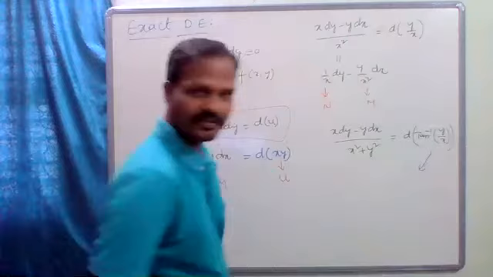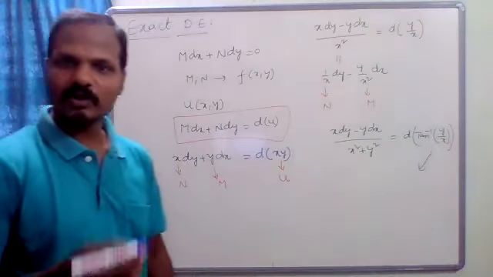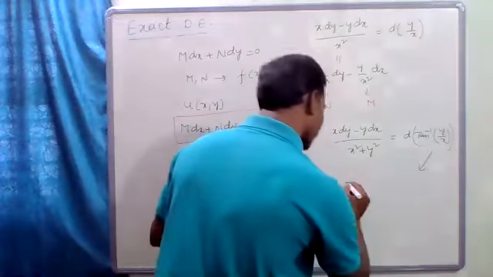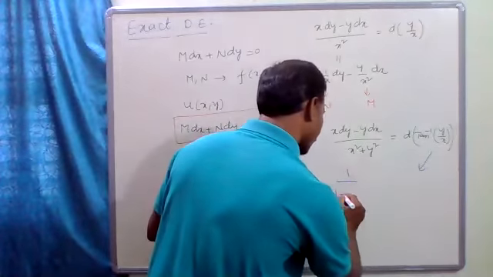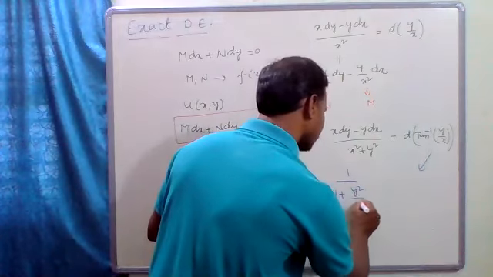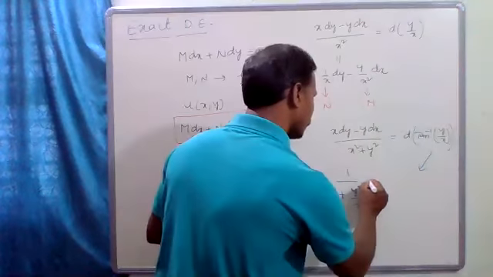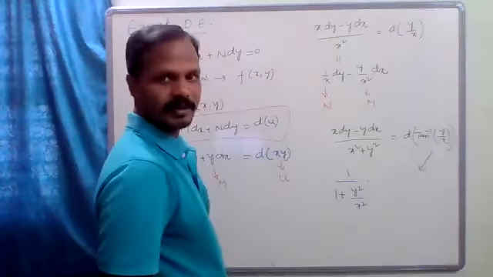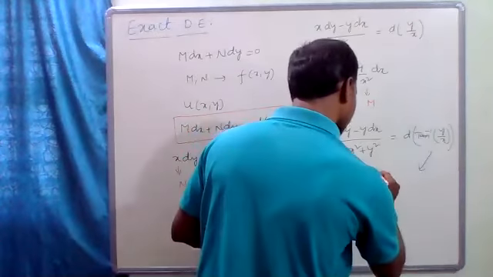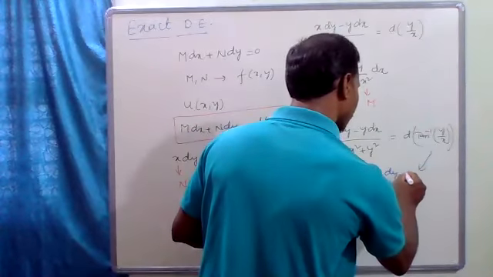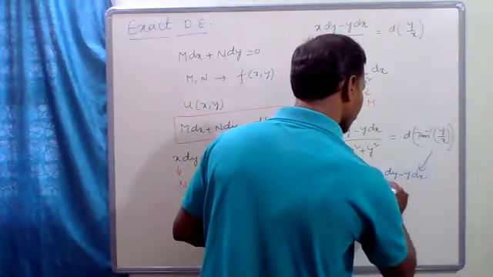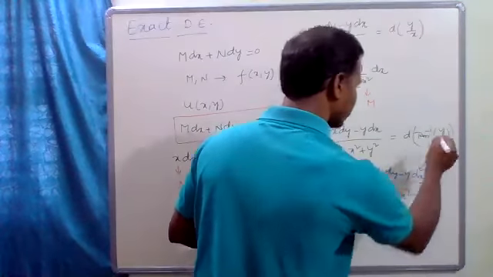What is the derivative of tan inverse x? It is 1 by 1 plus x square. So 1 by 1 plus y square by x square, into the derivative of the inside function y by x, which is x dy minus y dx by x square.